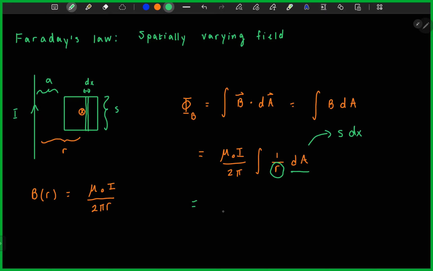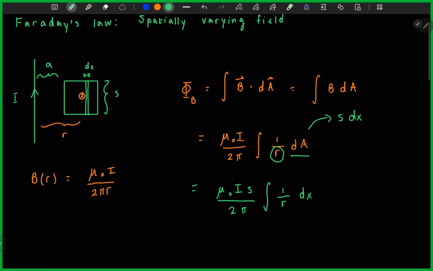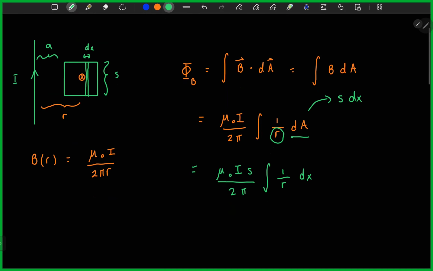So we can pull out s as a constant, giving us mu naught I s over 2 pi, integral 1 over r dx. Note that x represents the position along the x-axis, r represents the distance from the wire.